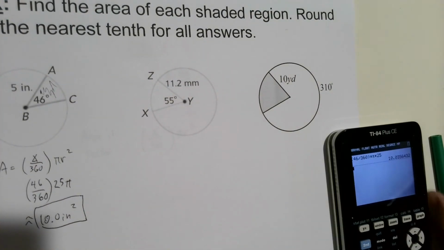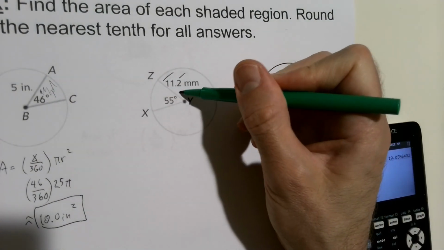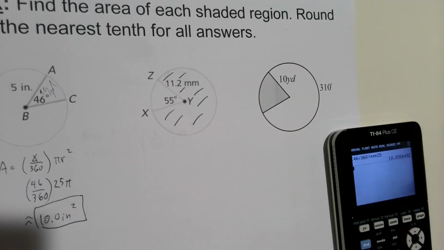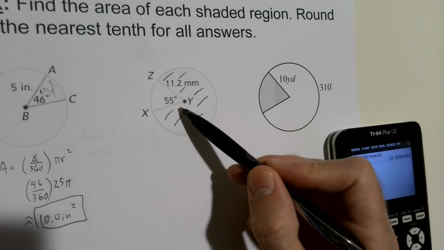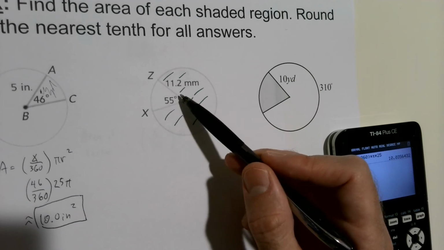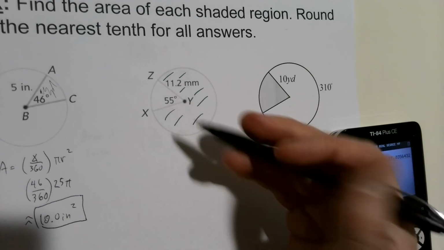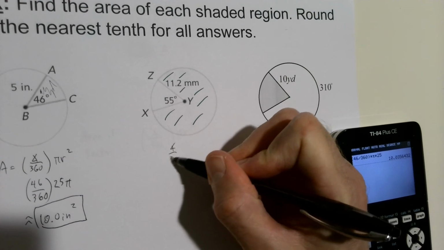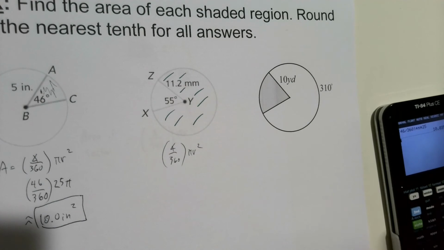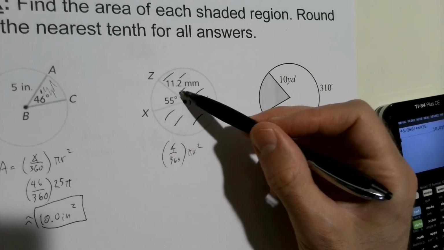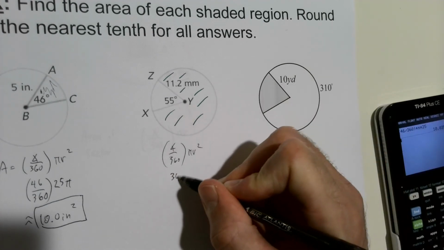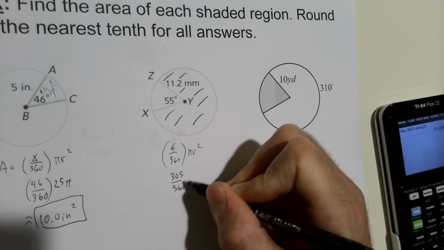Okay, so this one is shaded the opposite way. So we're looking at this larger sector there. Now, they didn't give us that angle of rotation, but they told us everything else. So if that's 55, well, we've got 360 in a full circle, so take that away. Angle over 360 times pi r squared. Our central angle then is going to be 305, because if that's 55, we have 305 left over to travel around. So that'll be 305 over 360.